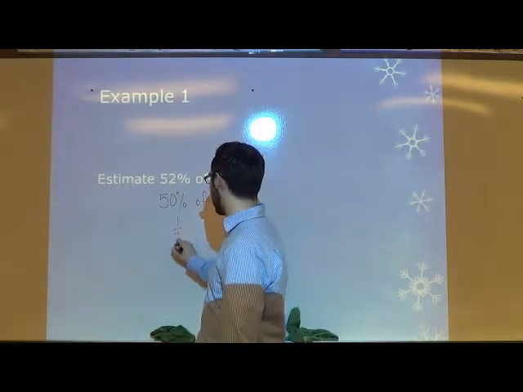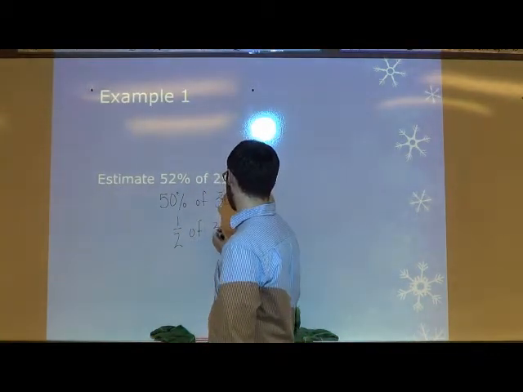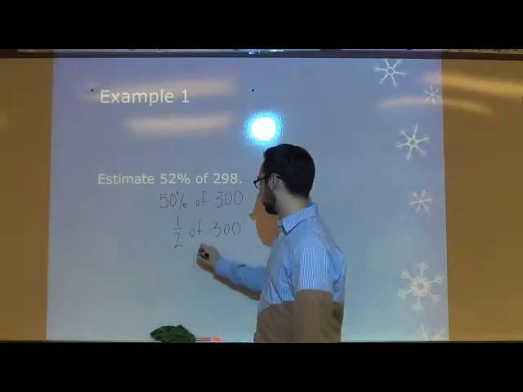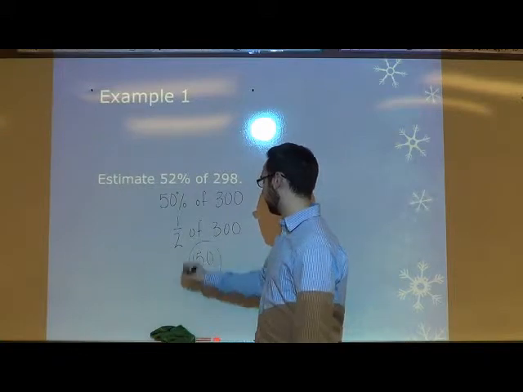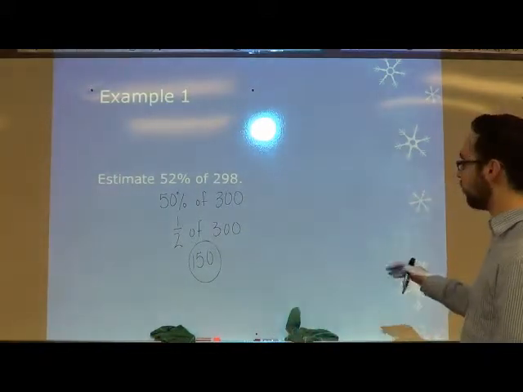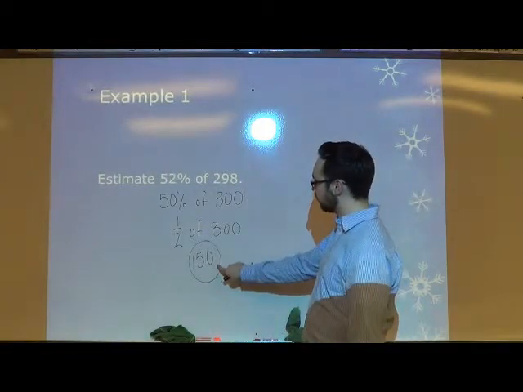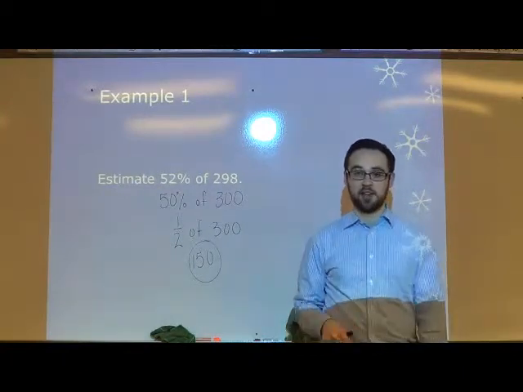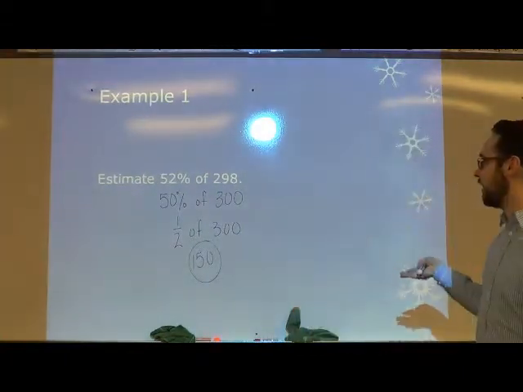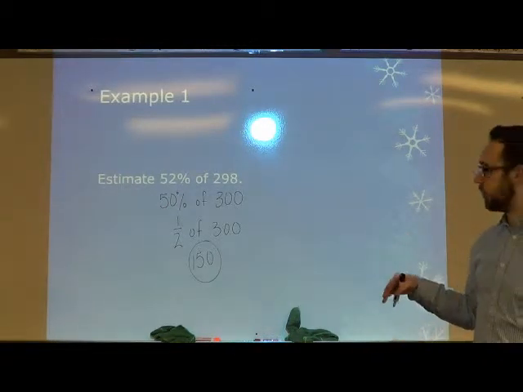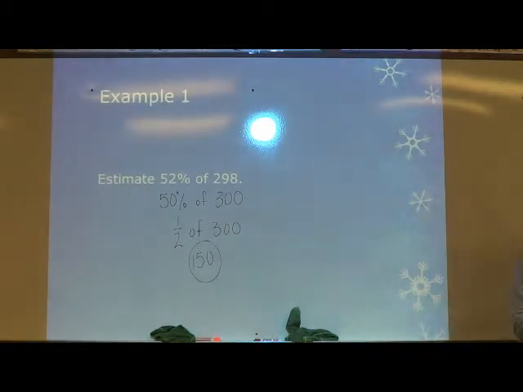So this is 1/2 of 300. Well, what is 300 divided by 2? It's 150. So our estimation is 150, or approximately 150 out of 298 is approximately 52%. And that's all there is to it. You're rounding. You're making it easier on yourself by rounding it to values that are easy to figure out and to deal with.